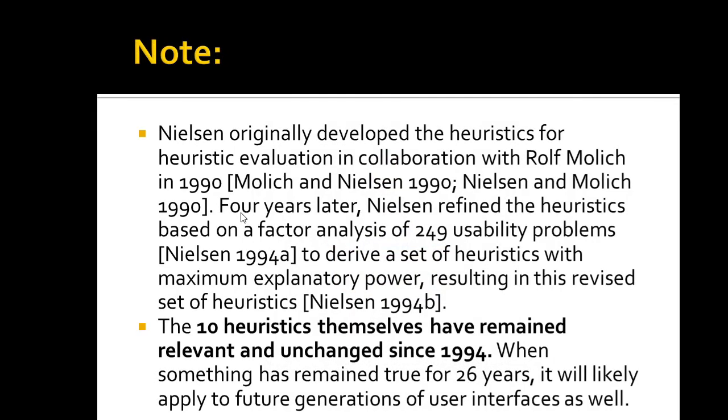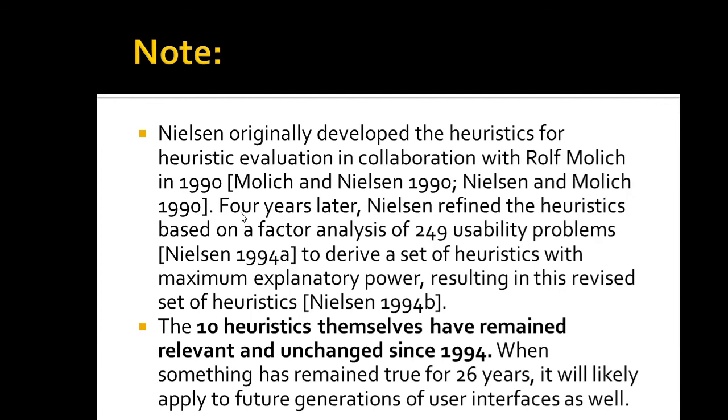So just a note to end this video presentation. Nielsen originally developed the heuristics for heuristic evaluation in collaboration with Rolf Molich in 1990. So that's Molich and Nielsen, 1990. And four years later, Nielsen refined the heuristics based on a factor analysis of 249 usability problems.